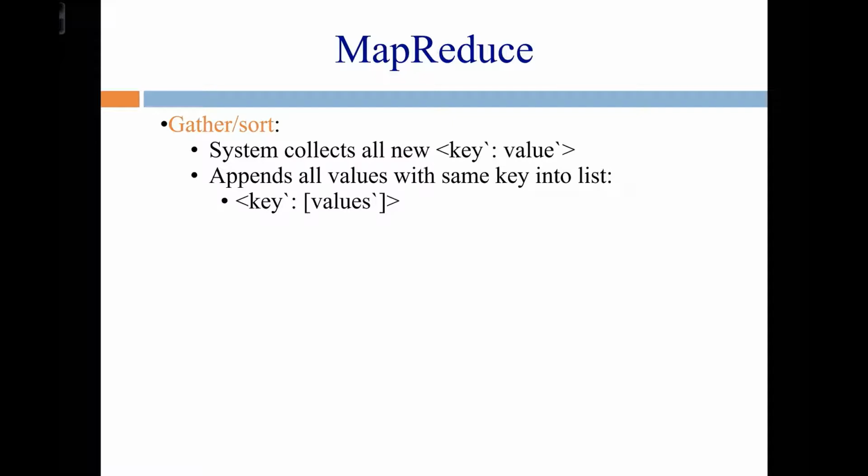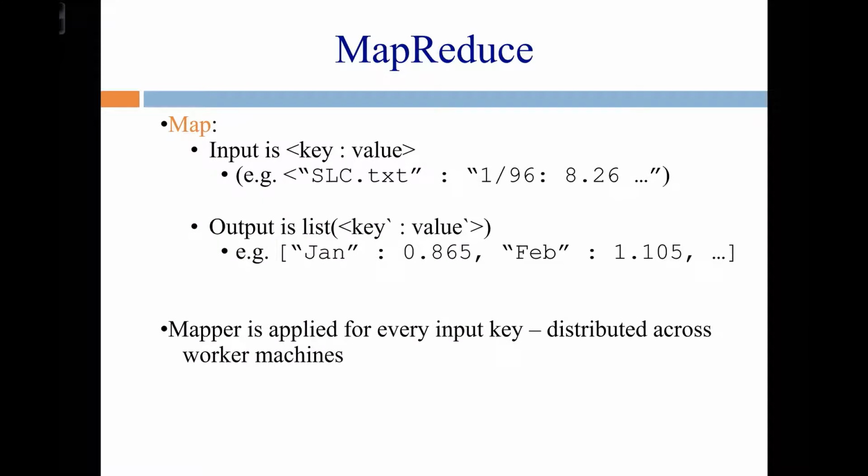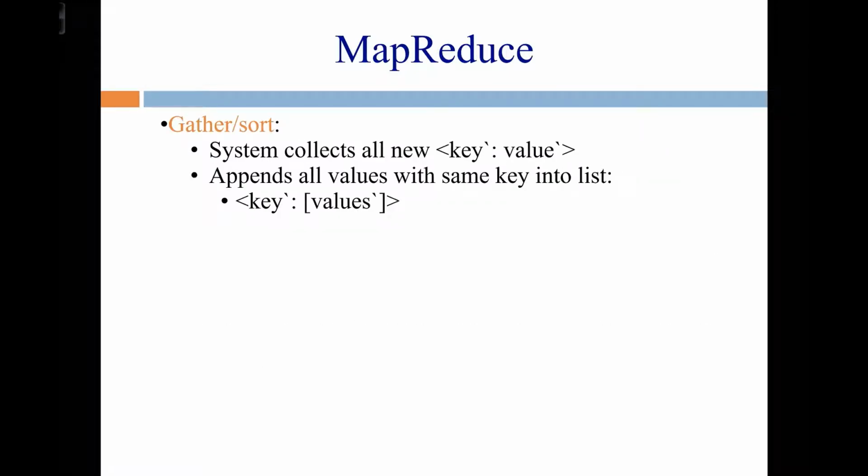And then the gather sort phase, done by the system, takes all of your key prime value primes and finds all of the key primes that are the same. So there will be a lot of, say, Januaries in there, and then it makes a list of all of those value primes. So we went from key value to key prime value prime because we're dealing with just one mapper at a time. Then you take all of those mapped results and you get key prime, list of value prime.